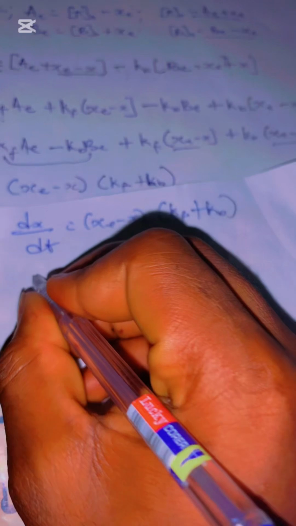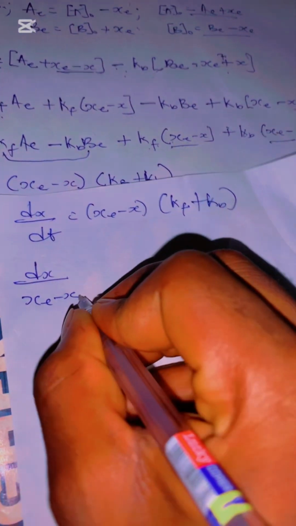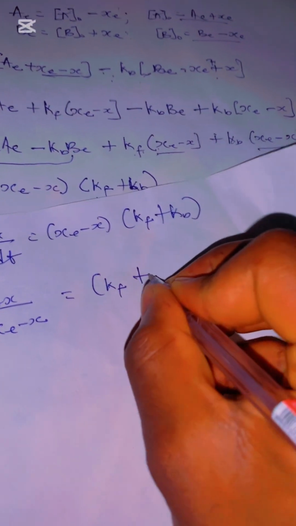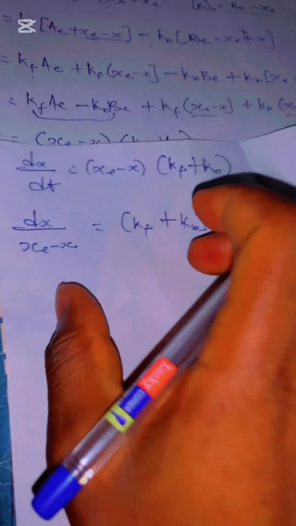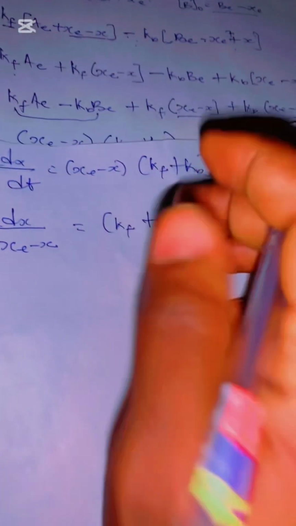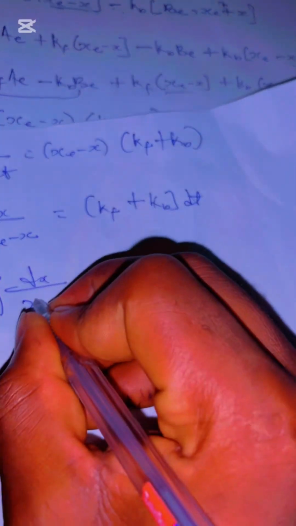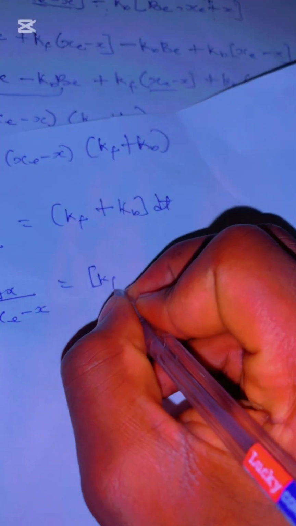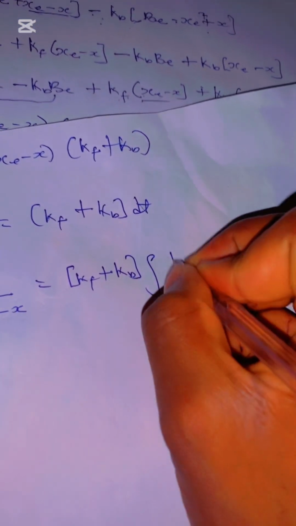So I'm going to have dx over xe minus x to be equal to, I have kf plus kb, and then I have my dt. The next thing now to do is integrate both sides. So let's integrate both sides. If I integrate both sides, I'm going to have the integral of dx over xe minus x to be equal to kf and kb are constant, so I can bring them out, and then I have the integral of dt.